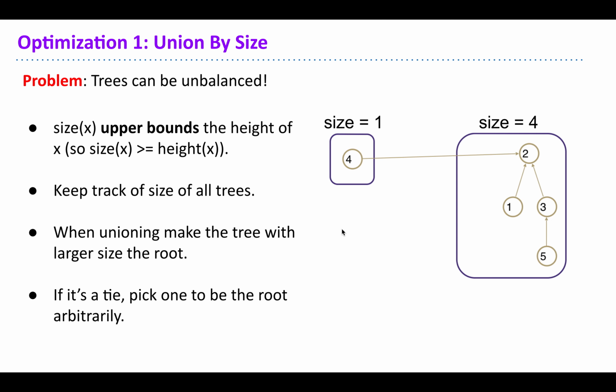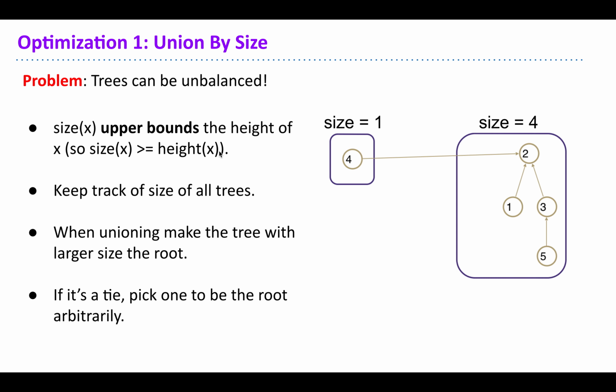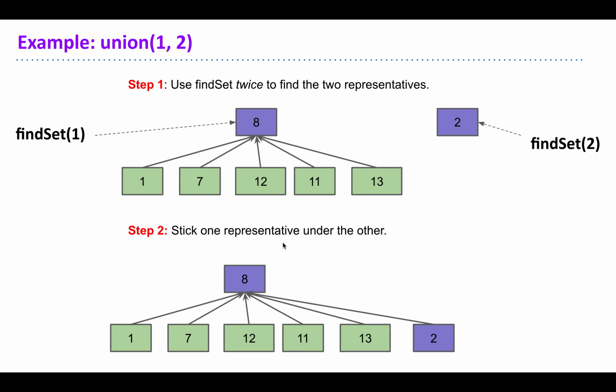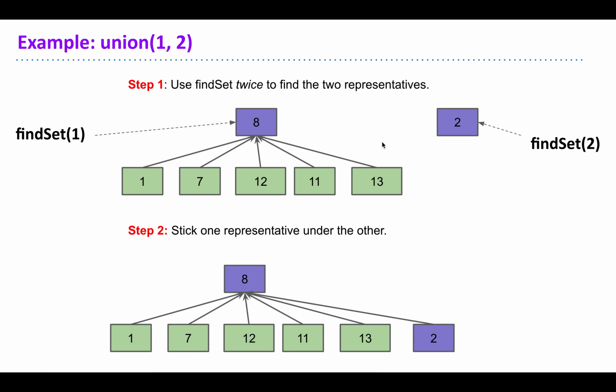So we're going to use this idea to say that what I want to do is always point the smaller set at the larger set. When I'm unioning, after I get the 2 representatives, the one with the smaller size is always going to point to the representative with the larger size. This ensures that we're staying in a state where we're not increasing the height unnecessarily.